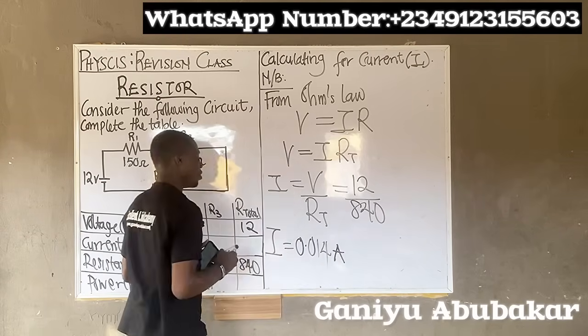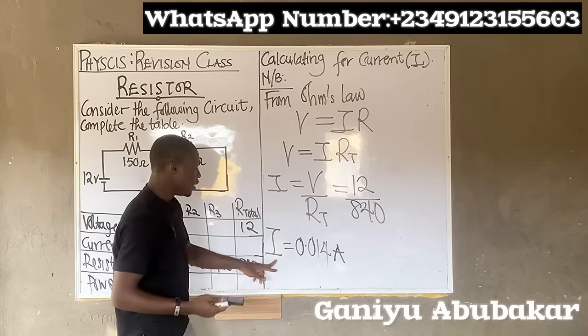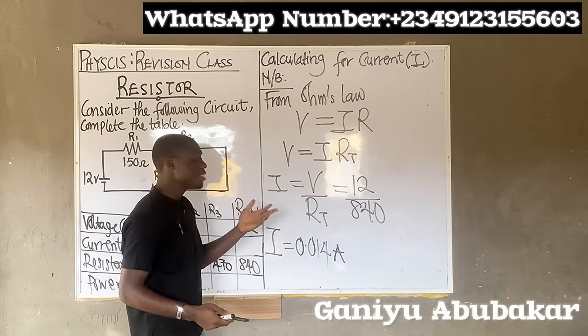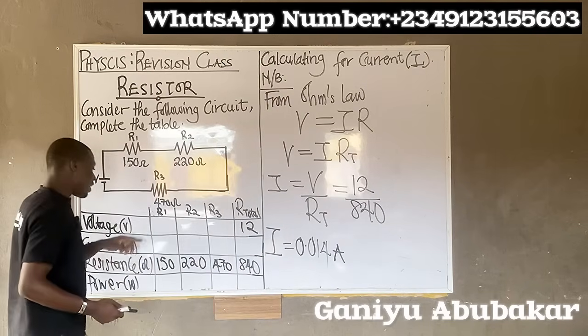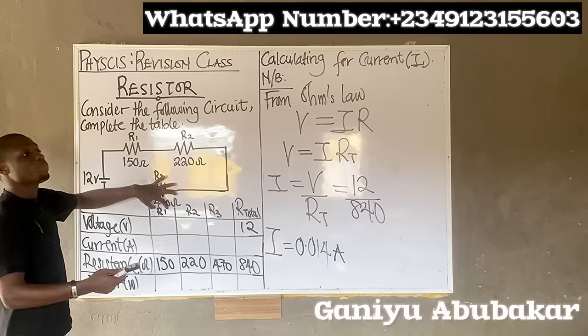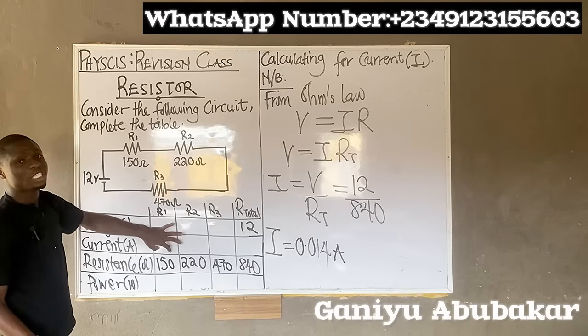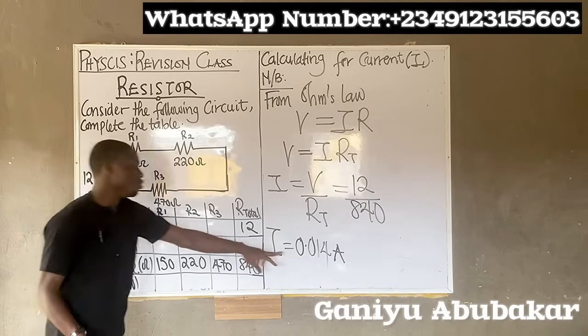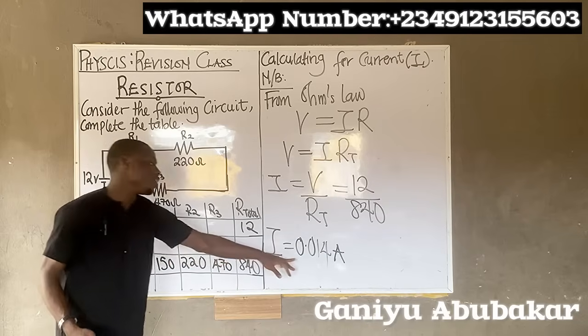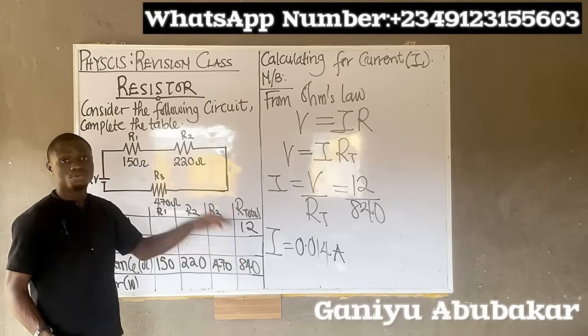So if my I is equal to 0.014 ampere, it means that I1, because R1 corresponds to I1, will have the same value. I2 the same value, I3 the same value, and R total the same value, right?